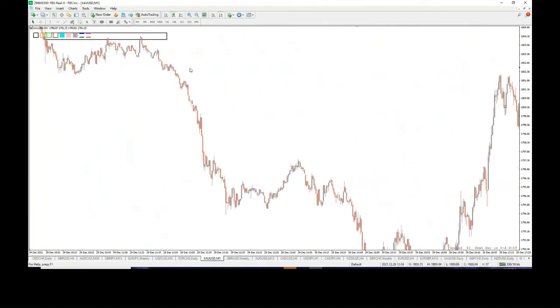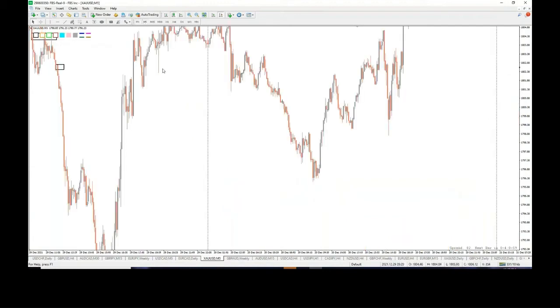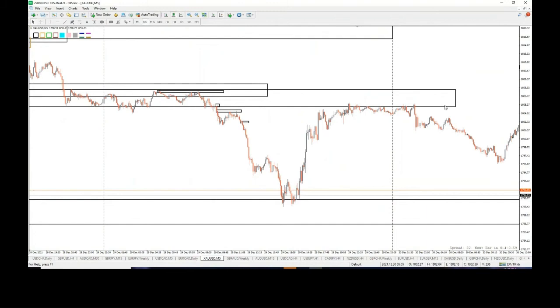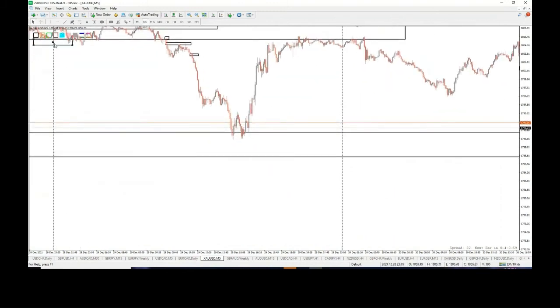A great trade. This is your next entry, I think. The candle is not very clear, but basically it's the same thing. This one on M5. That's all.